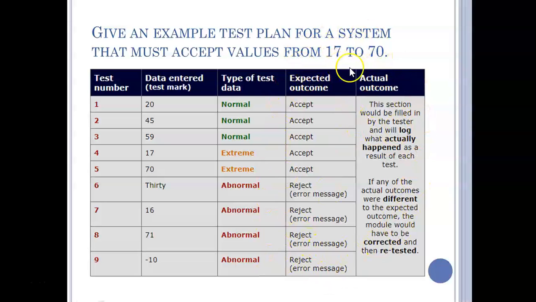I don't know what the question would be, so you know, it could be anything, like what is your age at the moment at a company or business. Maybe they only accept people between these two ages, and if you type anything outside these ranges, it's abnormal, and each different number has a different type, normal, extreme, or abnormal.